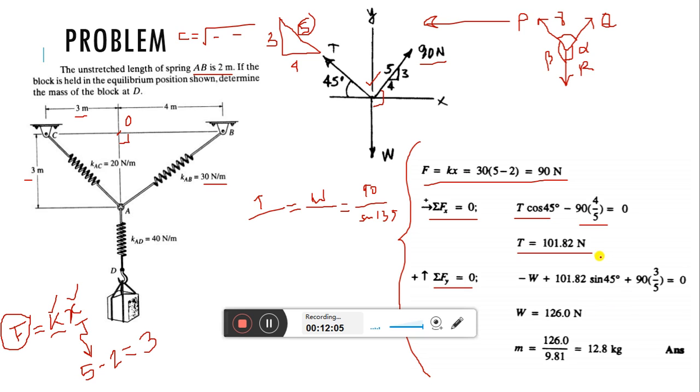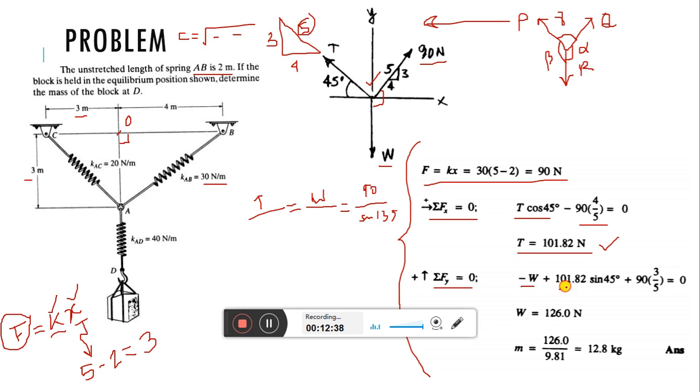So after we have the value of T, right now you go to solve the equation in the vertical direction. That is summation of Fy is 0. So that means in the vertical direction, how many forces we have? We have 3 forces. One is W. This is the negative direction, so write minus W. And other, in the positive direction, we have T sine 45 degree.